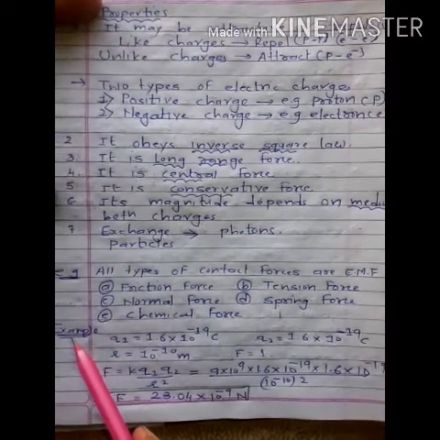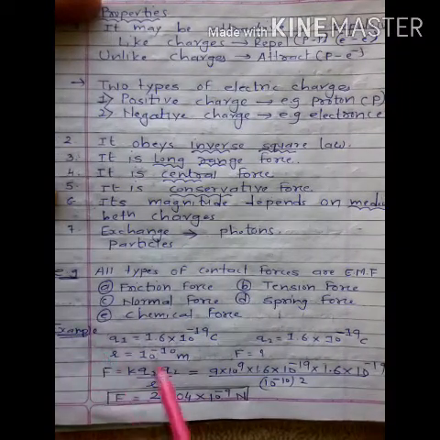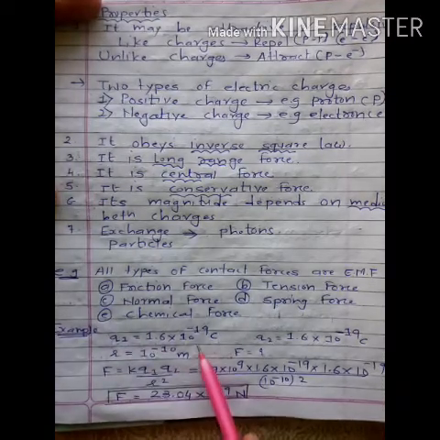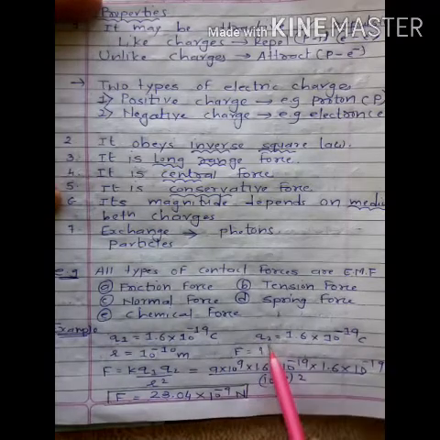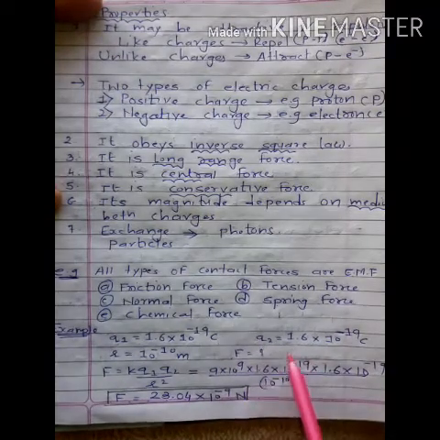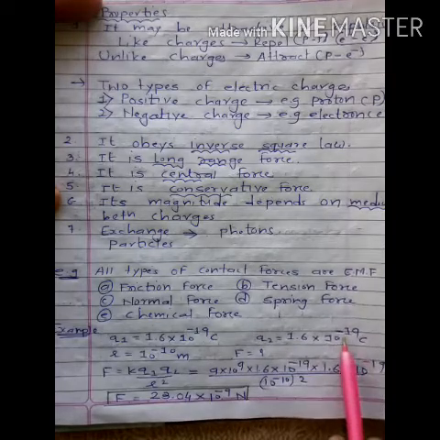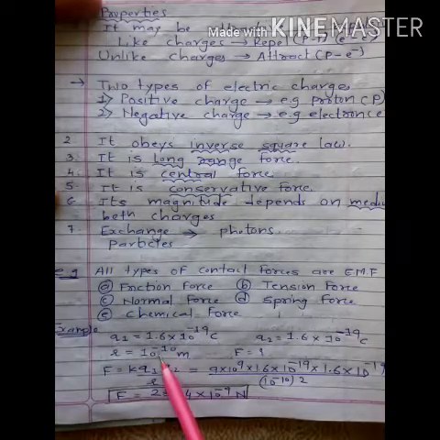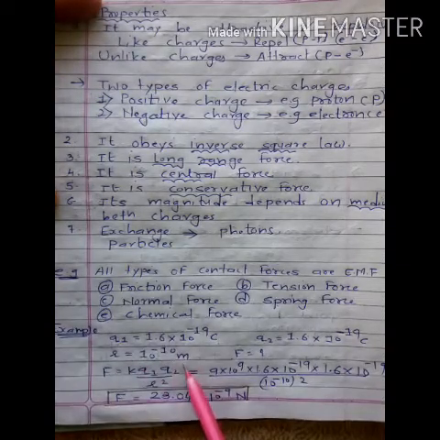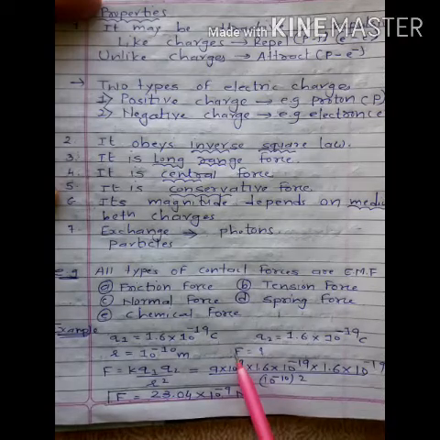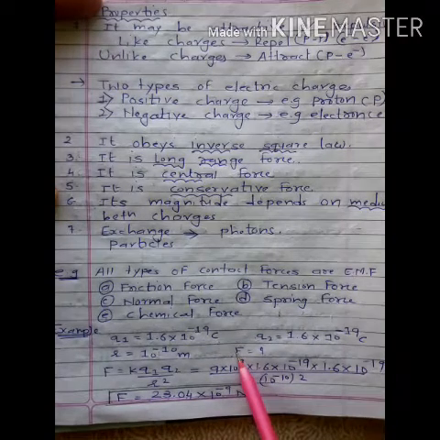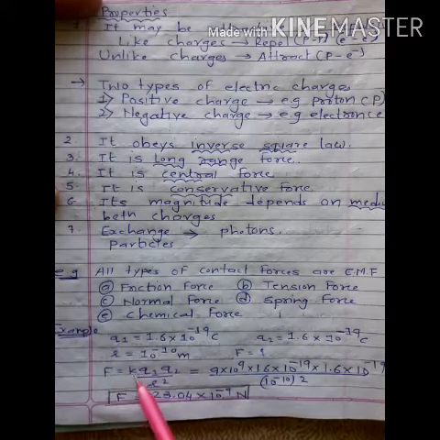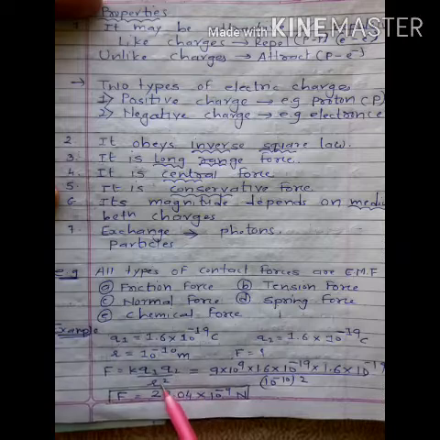Now here we are going to explain a numerical example of electromagnetic force. Suppose the first charge Q1 is equal to 1.6 into 10 raised to minus 19 coulomb. The second charge is the same, Q2 equals 1.6 into 10 raised to minus 19 coulomb. Suppose the distance between the two charges is 10 raised to minus 10 meter. So R equals 10 raised to minus 10 meter. Find the electromagnetic force or Coulomb force acting between the two charged particles. We have the equation of Coulomb force, F equals K Q1 Q2 upon R square.